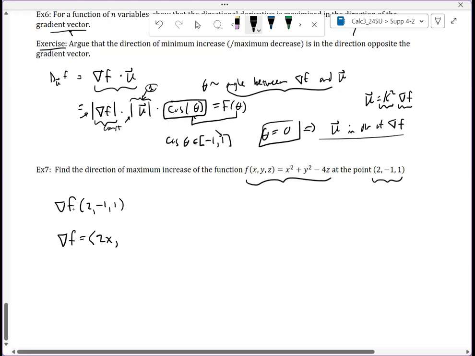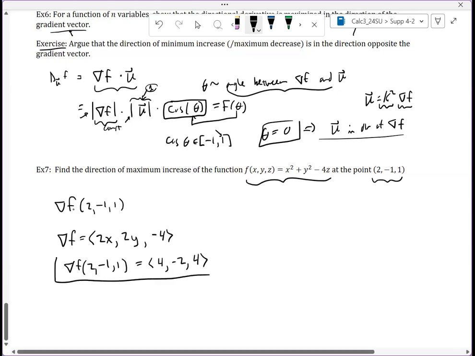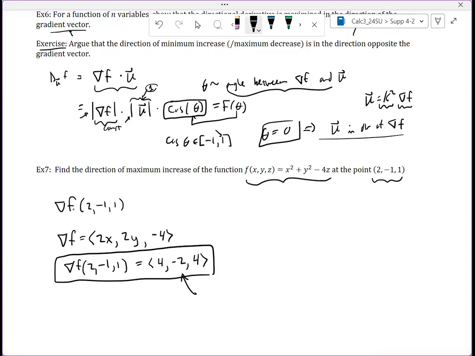Second component, partial f with respect to y, just 2y. And third component, partial with respect to z, just -4. And grad f of (2, -1, 1) is <4, -2, 4>. So we want to head in this direction in three-dimensional space to achieve the maximum increase of my function at this point.